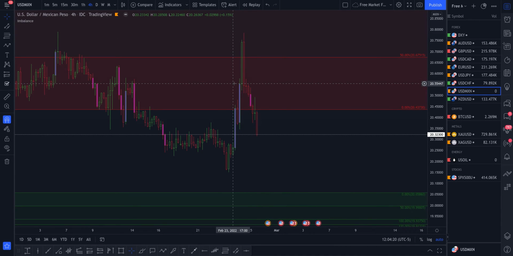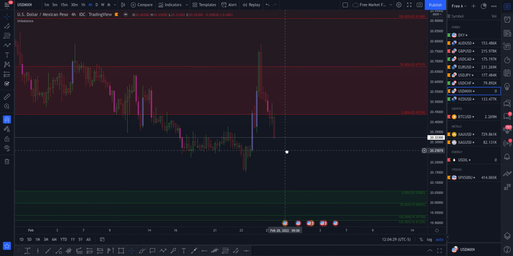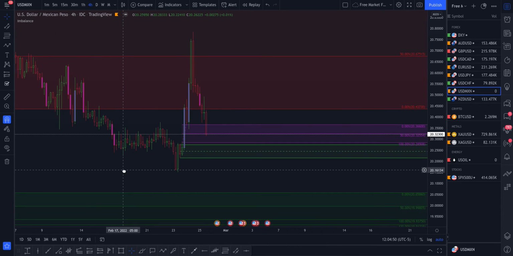So that has been mitigated. Doesn't mean that price won't go back and catch some more orders. But I would probably be looking for probably more so a buy, and a buy from this unmitigated 4 hour, all right, which has imbalance resting above it. 50% of it has been traded, but it has not been filled quite yet.